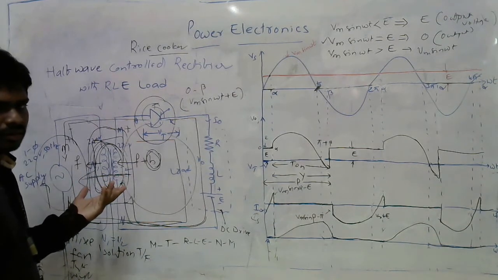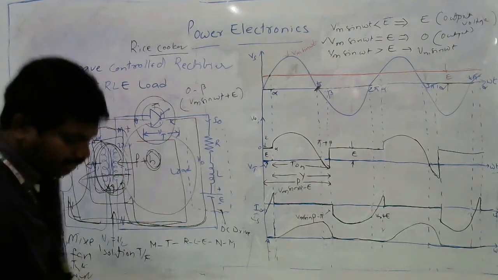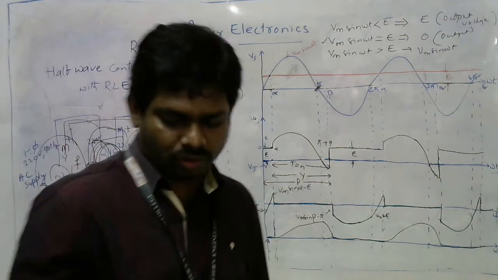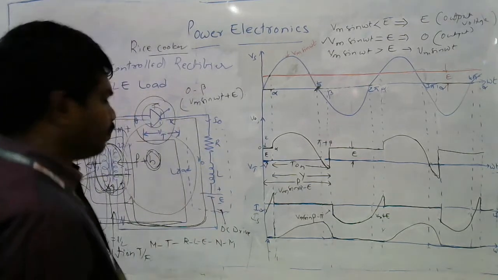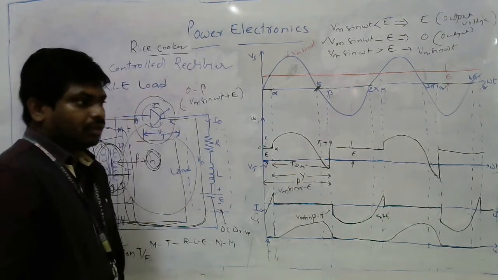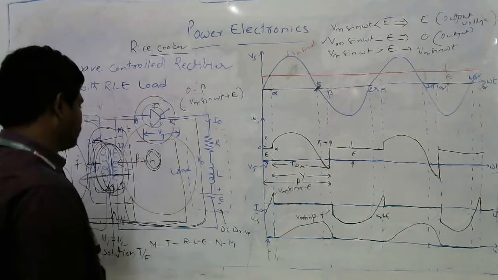Very simple. That's why this isolation transformer, even though its cost is more, must be there in the circuit, in parallel run circuits. Otherwise, we cannot say when damage will happen in the circuit, right?